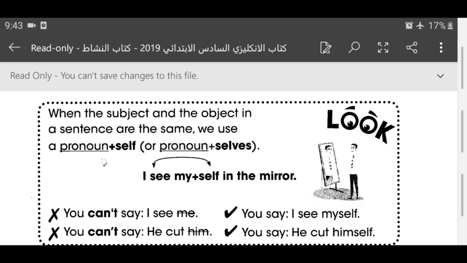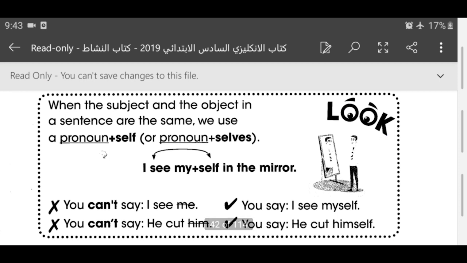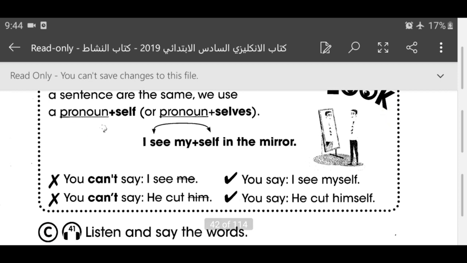When the subject and the object in the sentence are the same, we use a pronoun plus self, or a pronoun plus selves. It becomes a reflexive pronoun.